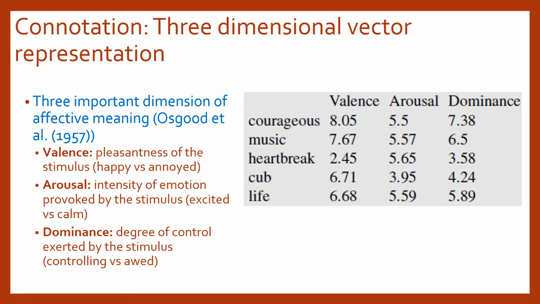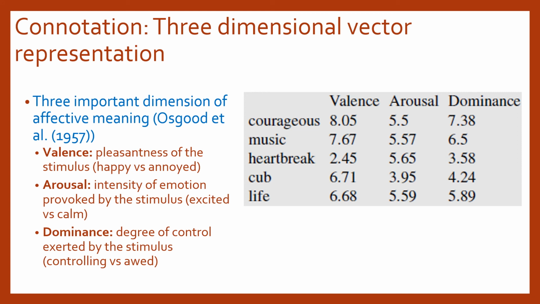He defined valence, arousal, and dominance. Valence looks at the pleasantness of the stimulus; arousal looks at the intensity of the emotions provoked by the stimulus; and dominance is the degree of control exerted by the stimulus.